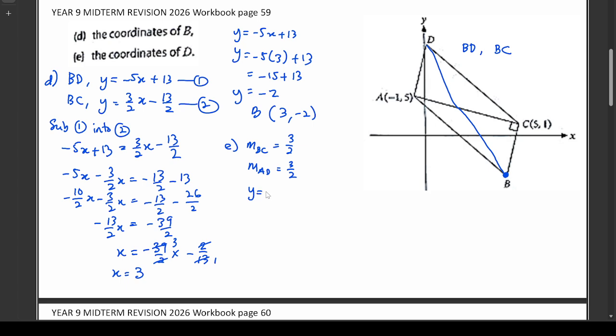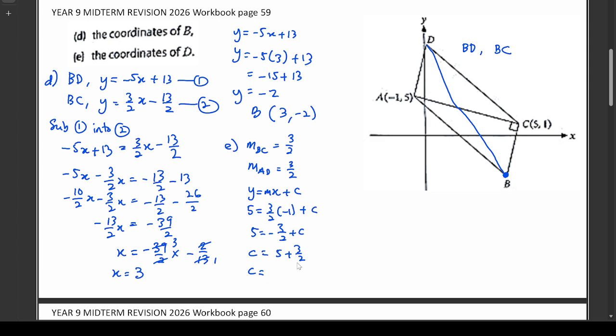Okay, so y equals mx plus c. Sub in the y coordinate, which is 5, gradient 3 over 2, x coordinate, which is -1. Get your c: c equals 5 plus 3 over 2.